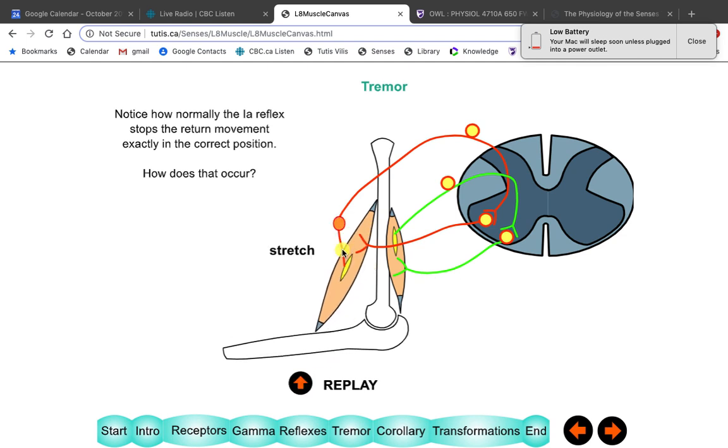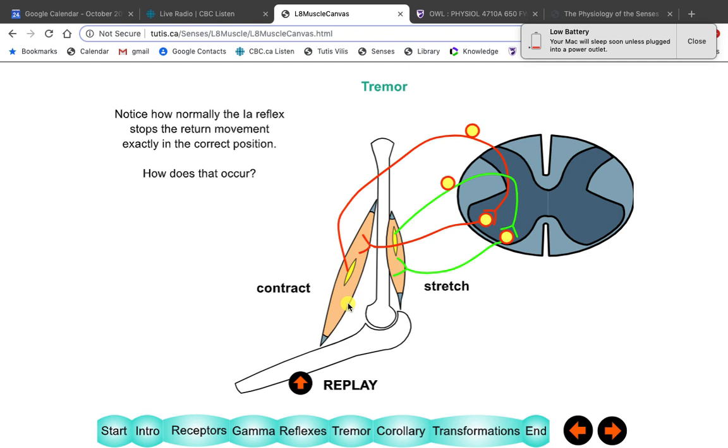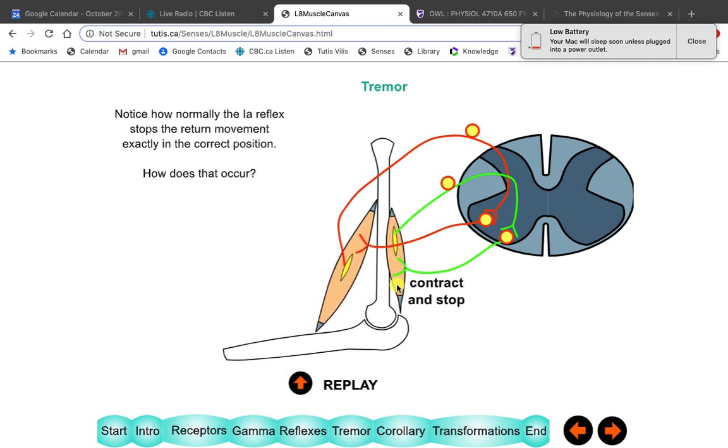So this gets longer. That activates the muscle. That muscle pulls, stretching this muscle. And stretching this muscle produces an activation in this reflex. And this is then what stops the movement in the correct position.